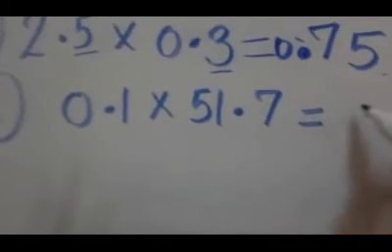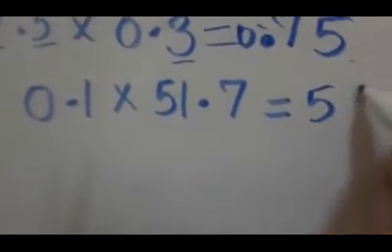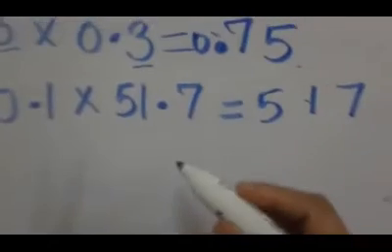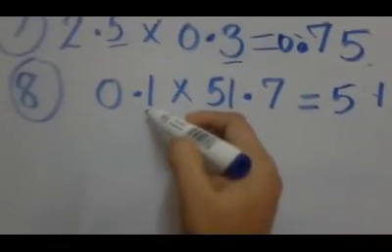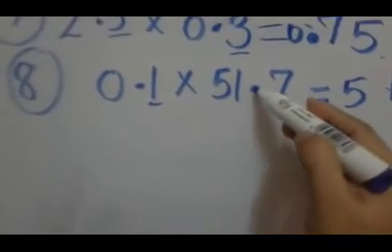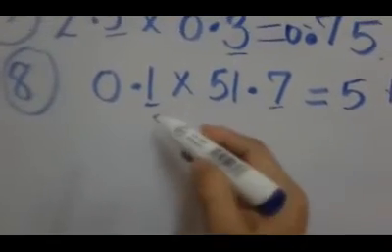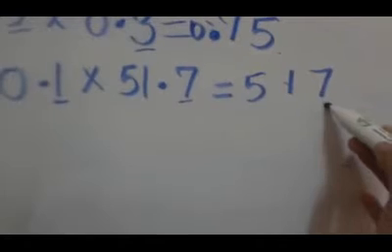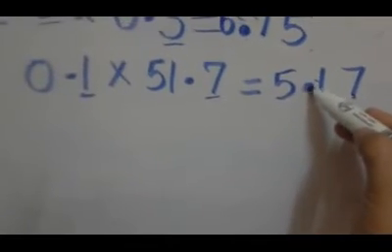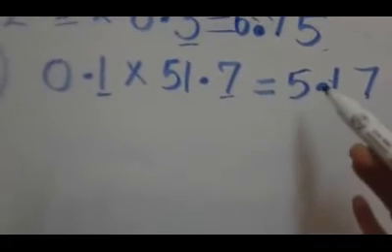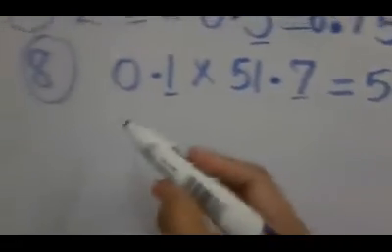So 1 into 517 is 517. After that you have to count after the decimal on the right, 1 place, again on the right, 1. So total 2 places. So from here you have to count 1, 2 places, then put the decimal. So you will get 5.17. Okay.